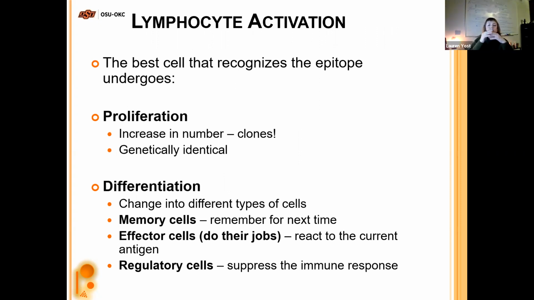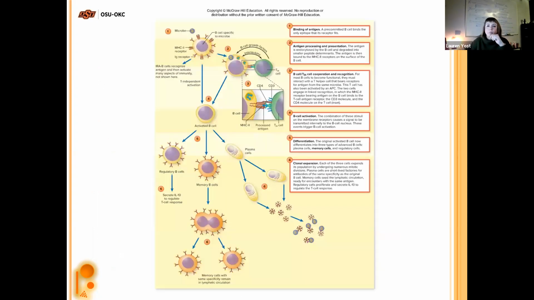So I had said earlier that the cell that best recognizes the epitope will undergo proliferation and differentiation. This slide, we've already seen it. We applied it to our T cells. Now we're going to be applying it to the B cells. This is an outline of how all of that's going to work. Essentially, you're going to have your antigen binding at the surface.